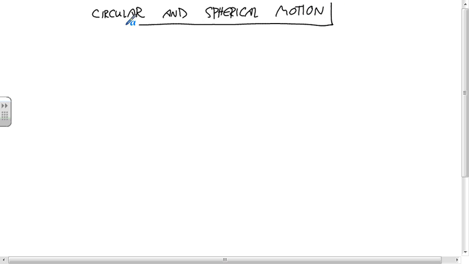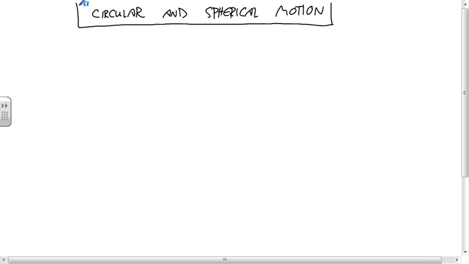The next topic in kinematics of a particle in non-rotating coordinate systems is circular and spherical motion. You can think of these as motions where an object stays a fixed distance from a point, like a center of motion.